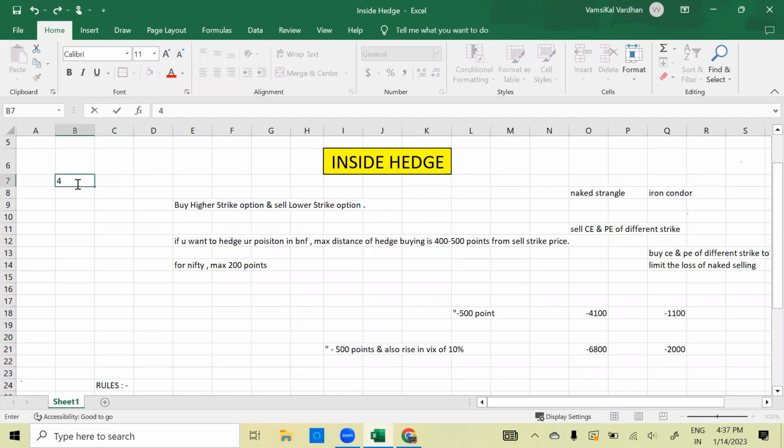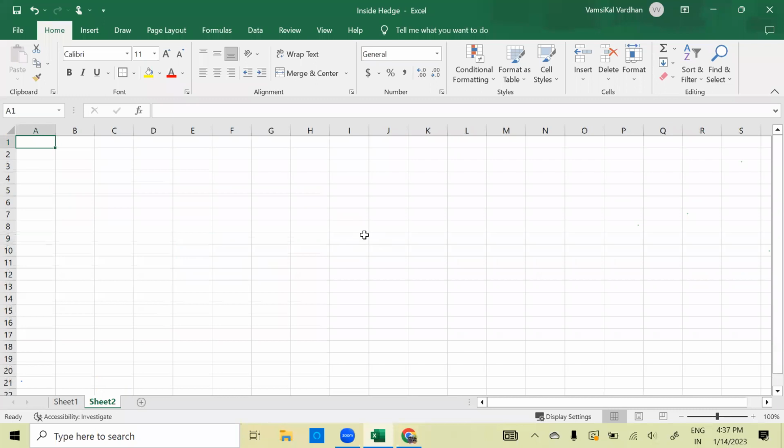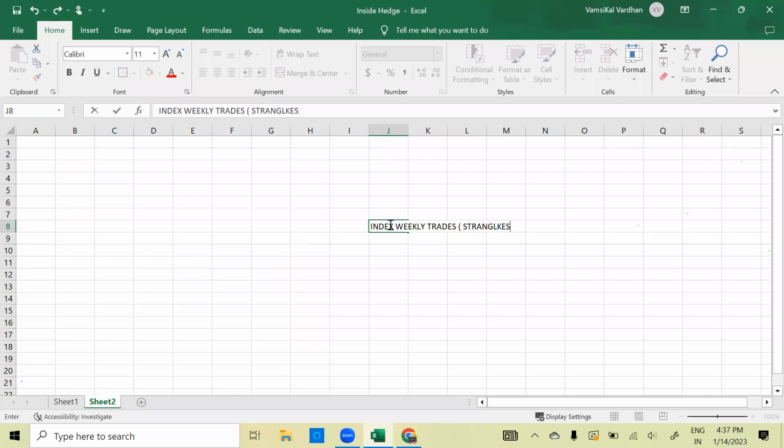From now, because this is a very important session, especially in Bank Nifty or Nifty, we are doing index weekly trades, mostly strangles or directional one side based on our range method. This is one thing which we are doing either in Nifty or Bank Nifty.